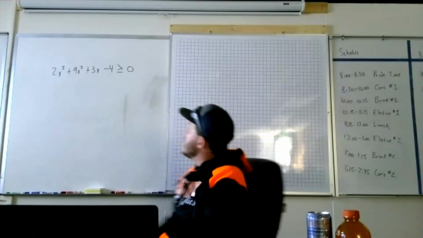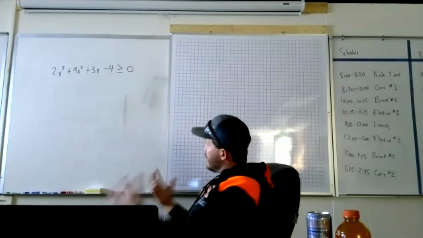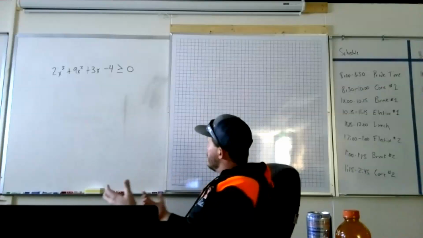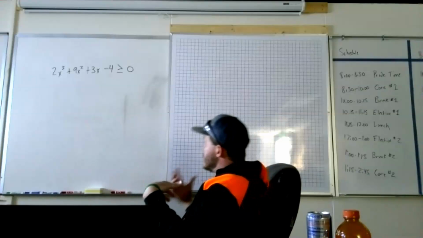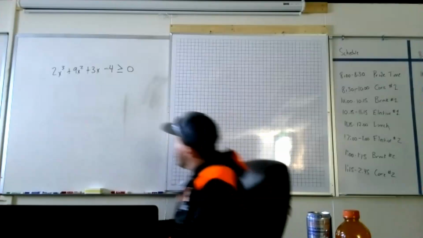And now looking at that, is there a greatest common factor that I can factor out? No, not really. I could potentially factor that by grouping.